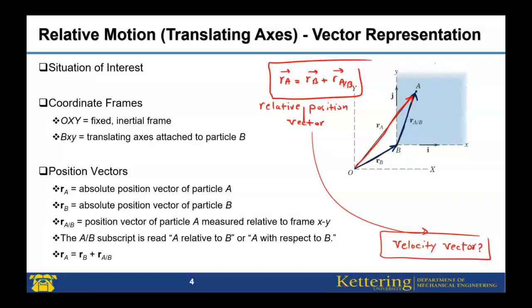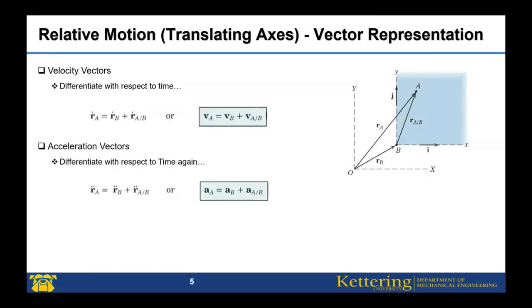To relate their velocity, if I take the derivative of this equation with respect to time, the derivative of position will be velocity. Now, taking the position vector from the previous one, RA equal to RB plus RA with respect to B, this is a position vector.